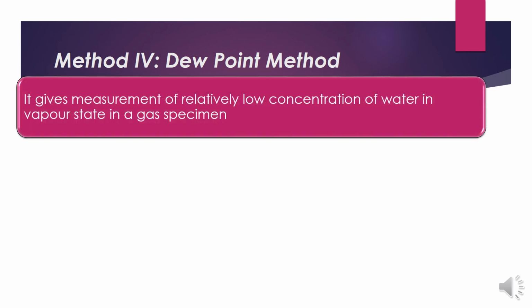This method gives measurement of relatively low concentration of water in vapor state in a gas specimen. So it is very precise in giving a calculation of very low concentration of water that is available in a sample of gas, or at the environmental level.